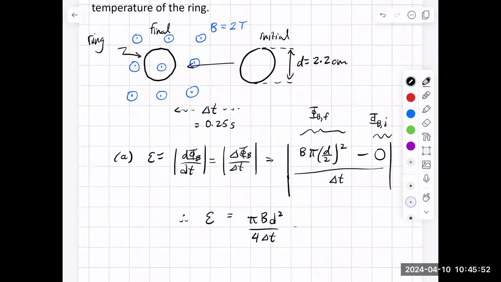And if you put in the numbers, this comes out to be about 3 millivolts. So it's small. If we compare this to the previous example where we had n equals 50 for our coil, we saw a much bigger voltage, and that's the effect of having lots of turns versus just a single turn.